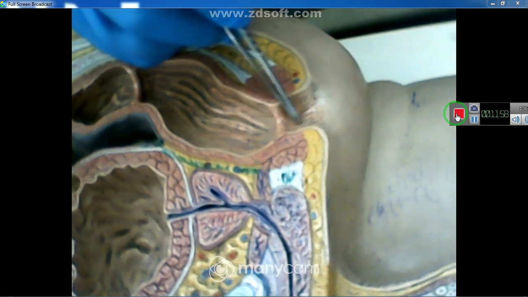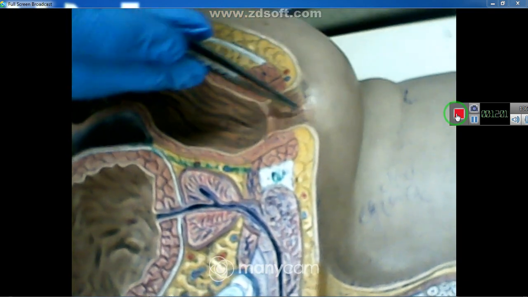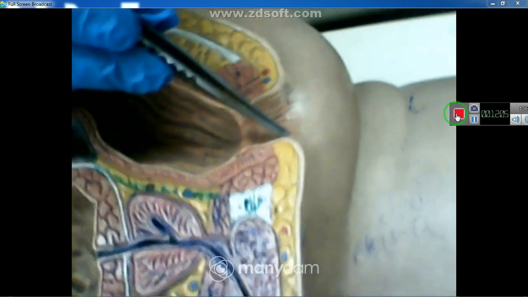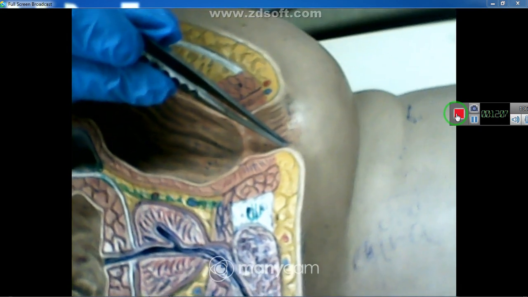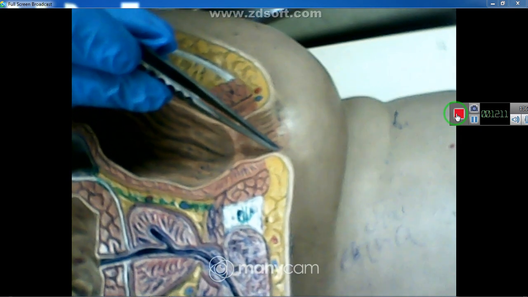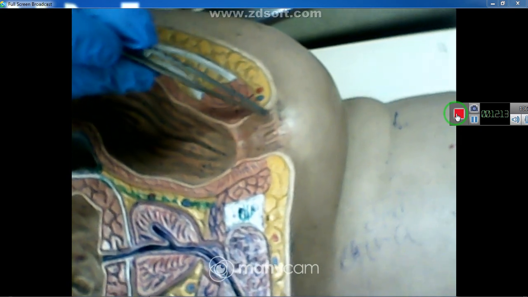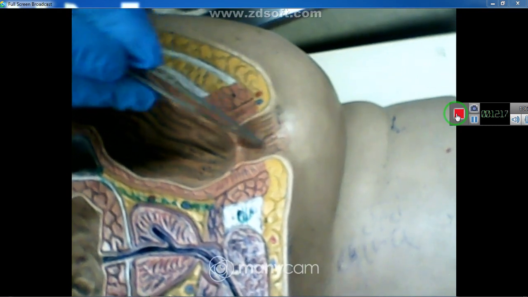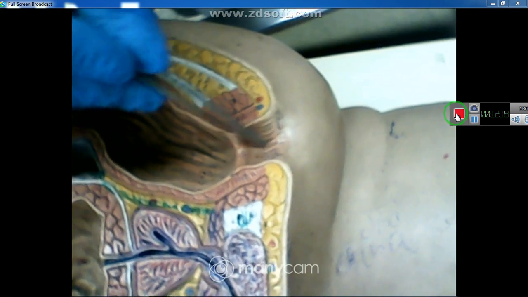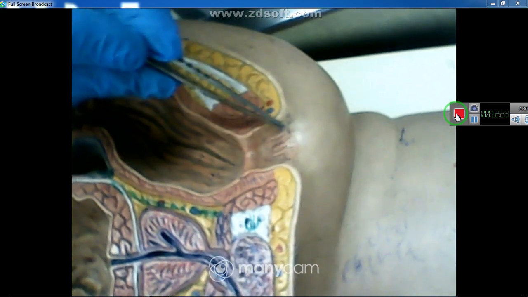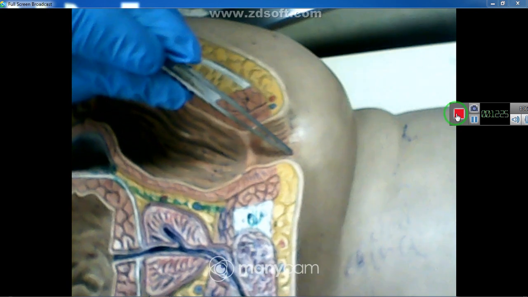These longitudinal folds of the mucosa are connected below with each other by transverse folds that are called anal valves of Morgagni. And this line of anal valves, which are transverse folds connecting the lower ends of the longitudinal anal column folds, is called the pectinate line.